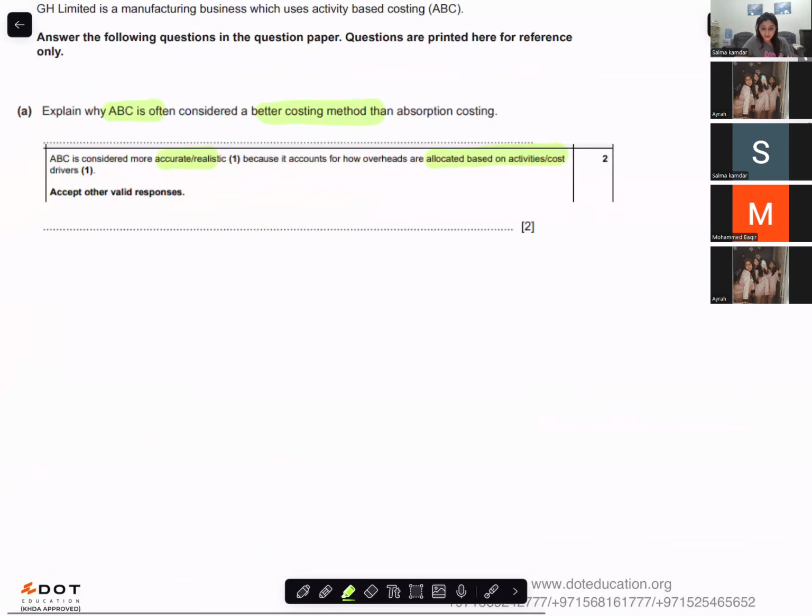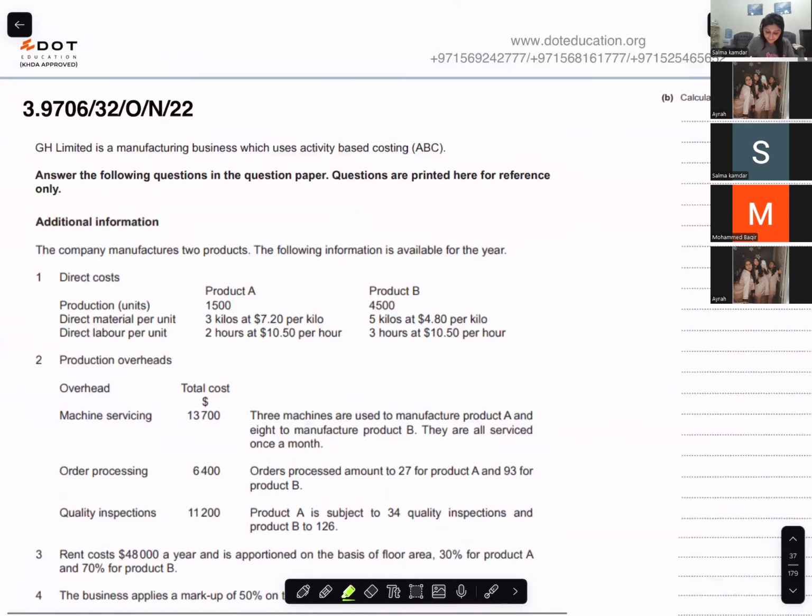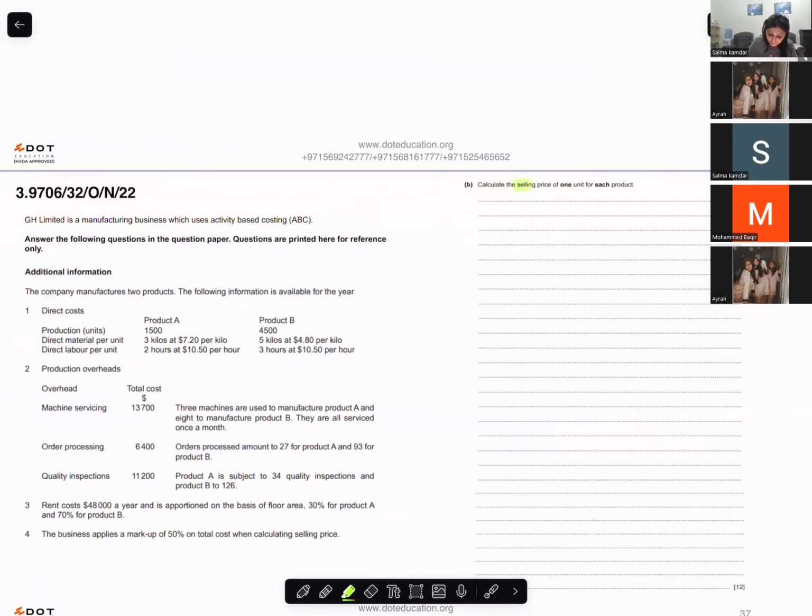Yeah. Okay, fine. Now, what do they want from you in the B part? Calculate the selling price of one unit for each product. Whenever you have to calculate the selling price, you follow a format.